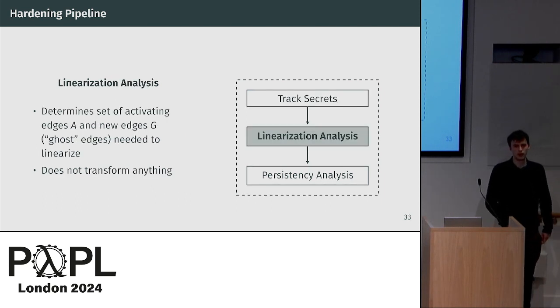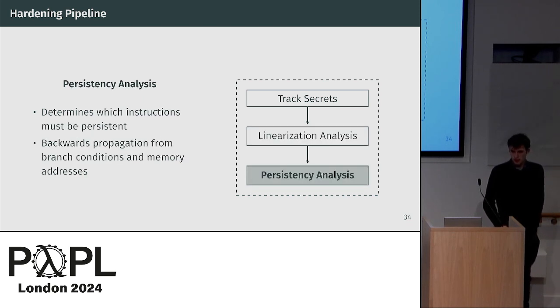Next is a linearization analysis pass that determines a set of activating edges and new edges, but doesn't apply any changes. And the last analysis pass is a pass that determines which instructions need to become persistent instructions to ensure that branch conditions and memory locations are computed persistently.